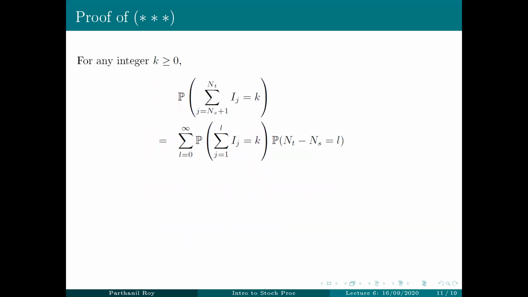So let's see what we have done. As I said, we started with the left-hand side of star, star, star, and then expressed that as a single sum.